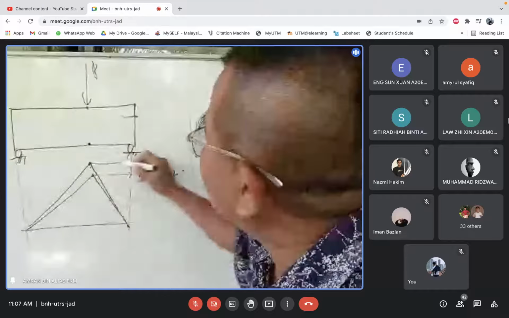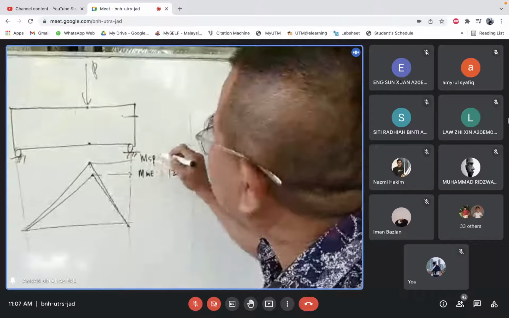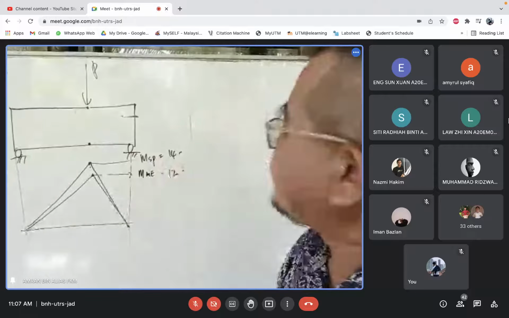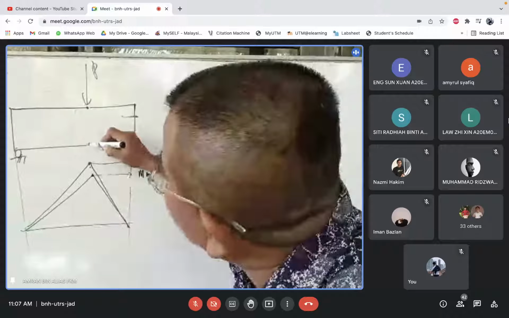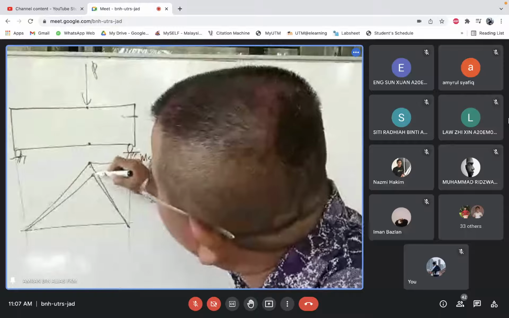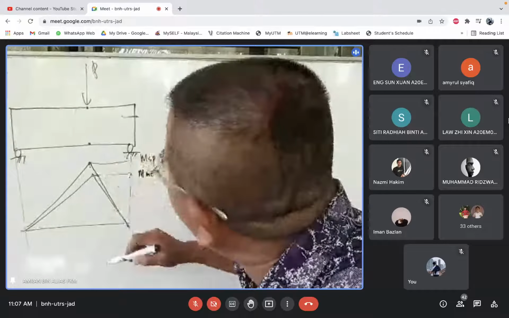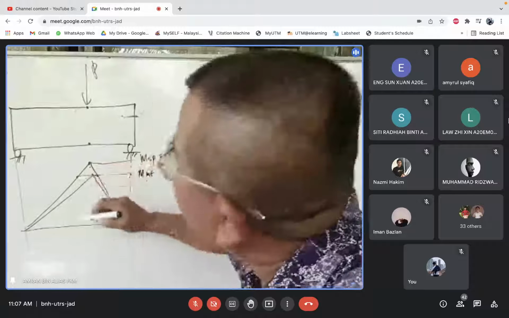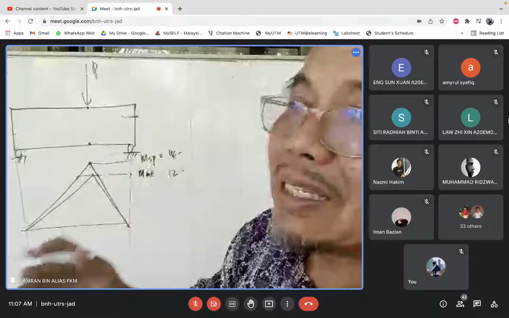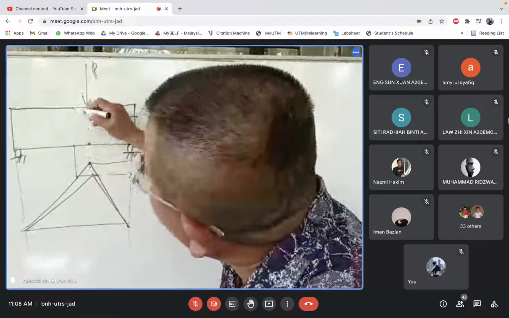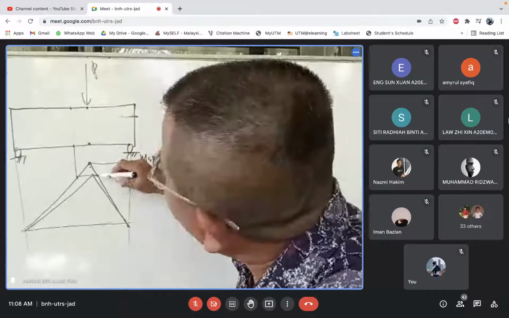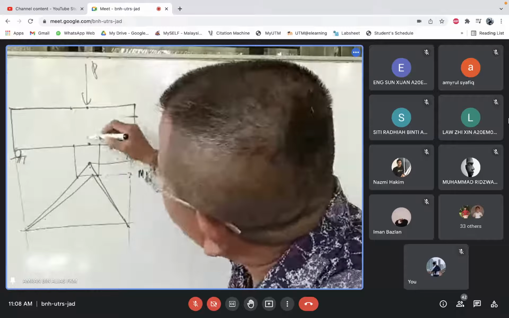Let's say the moment for partially plastic is, let's say the value is 14. So from here to here, I know that this value here is 12. What does it mean, 12? Start of plastic. Start of plastic there, start of plastic there, here, start of plastic there.